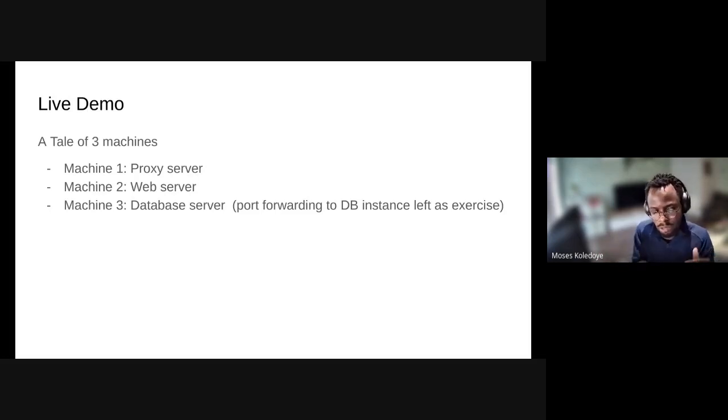I'll jump through the proxy server into the web server, show how I can reuse my authentication to the proxy server on the web server. I'm also going to try to forward ports from my web server. I have a web server running at a certain port, which we're going to write.